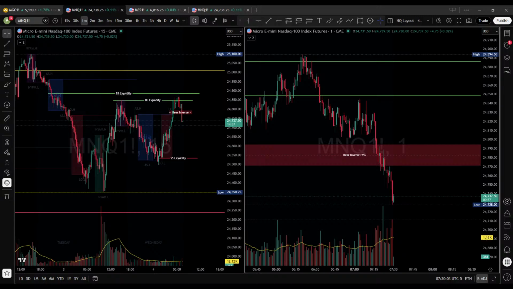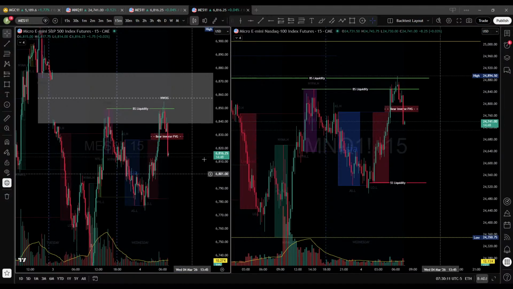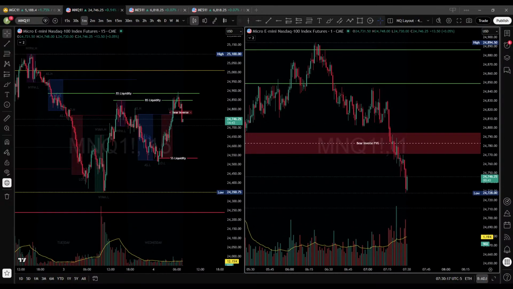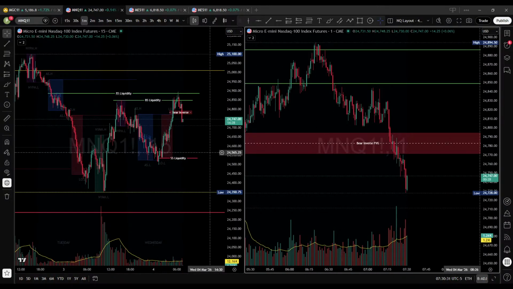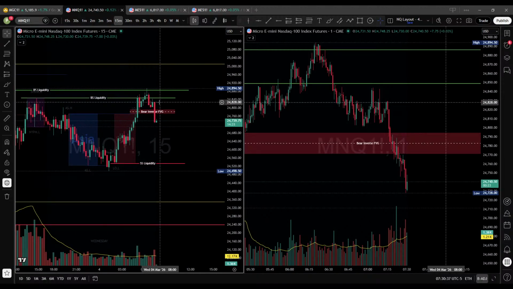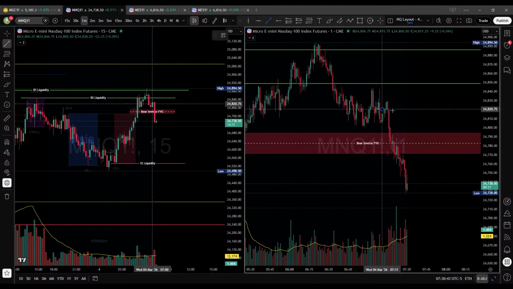Price is moving pretty hard. S&P is way much weaker than NQ. See, now this candlestick does not have a wick here.